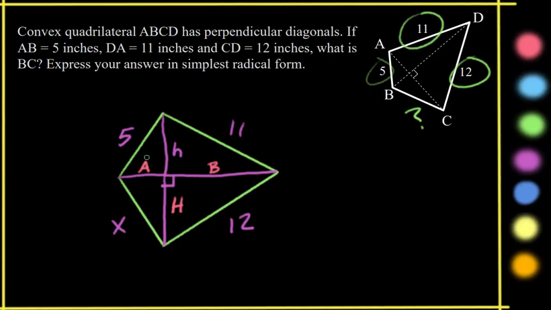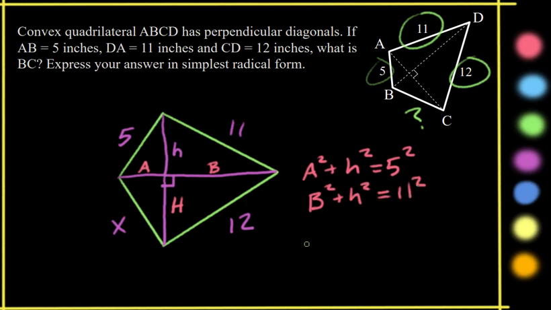What we end up with if we do the Pythagorean theorem on all four of these triangles is a squared plus h squared equals 5 squared, and b squared plus h squared equals 11 squared. And then we have a squared plus big H squared, maybe I shouldn't have used the same letter, but an uppercase H squared is equal to x squared.